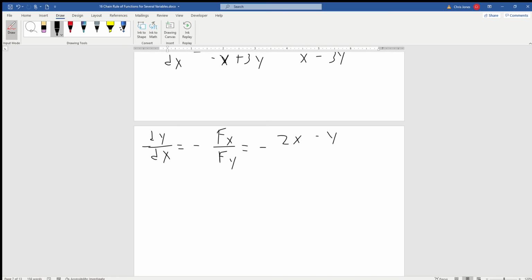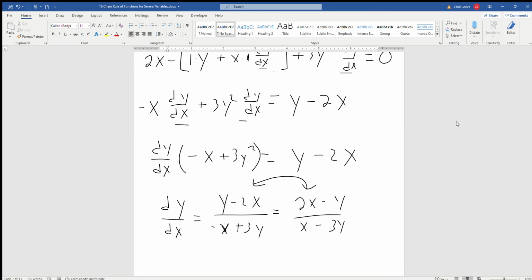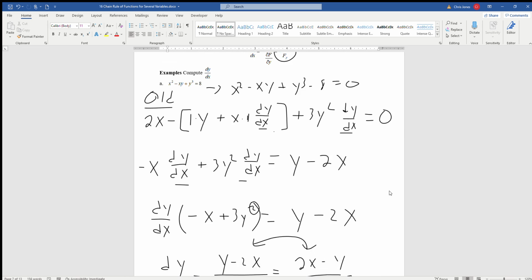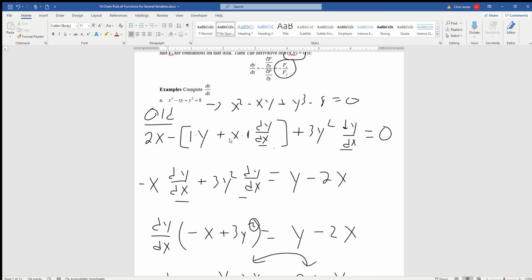And then we're going to divide that by the derivative with respect to y. And I did forget a square, excuse me, all the way down here. Notice that there was a square here. That was in the old way of doing that, so sorry about that. And so up here, if we take the derivative with respect to y, that's going to be negative x plus 3y squared.